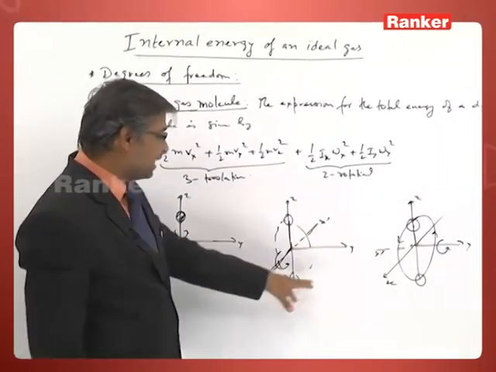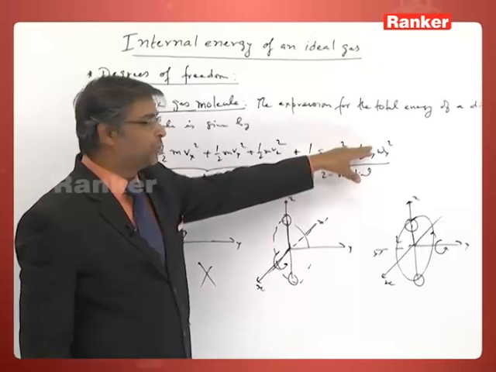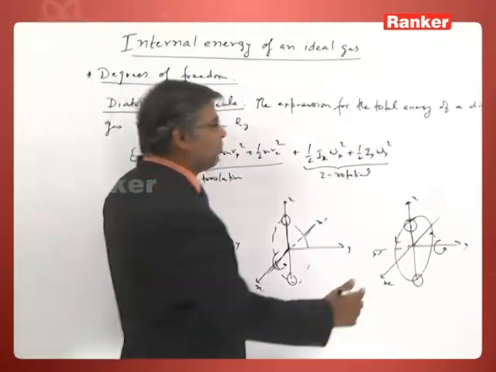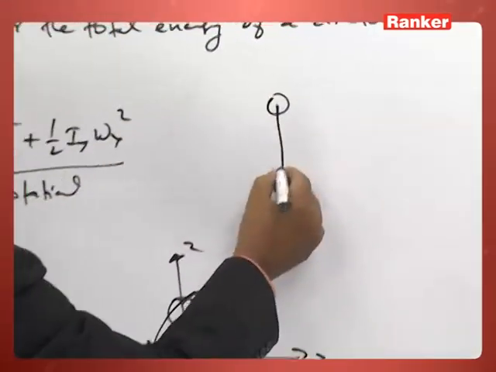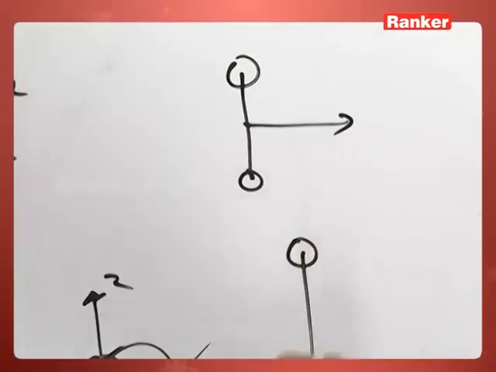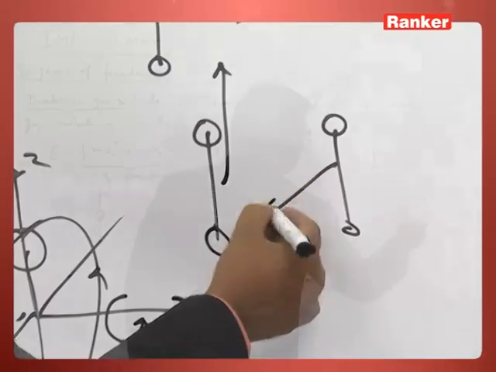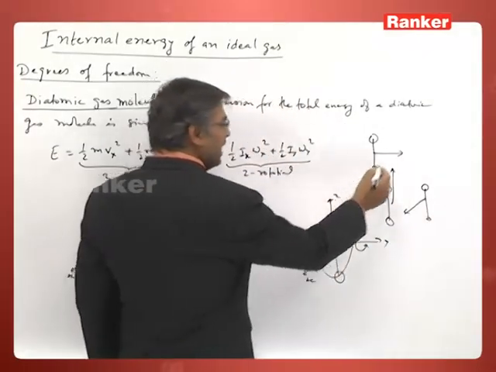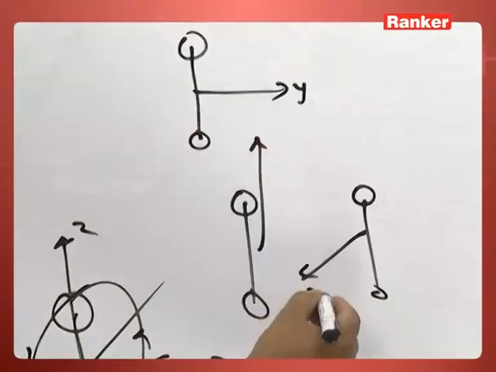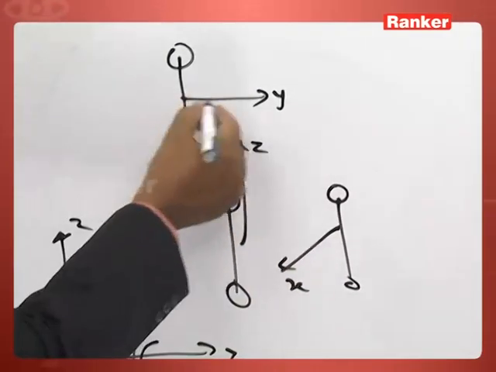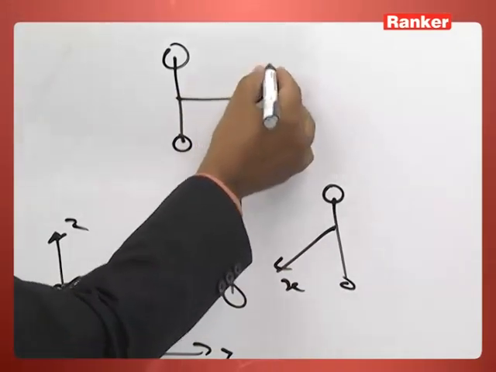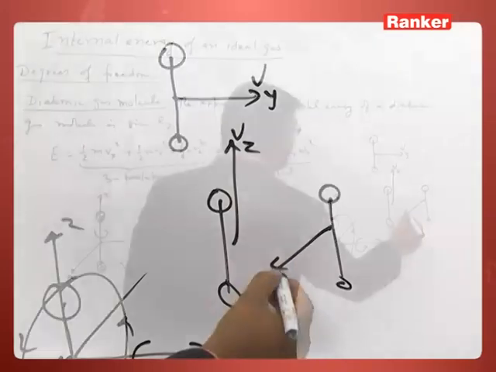So, we have these 2 rotational degrees of freedom, and this means we have again a molecule like this which can move in this direction, this direction, and this direction also. So, it has velocity along the y direction, x direction, and z direction; I will call these Vy, Vz, and Vx.